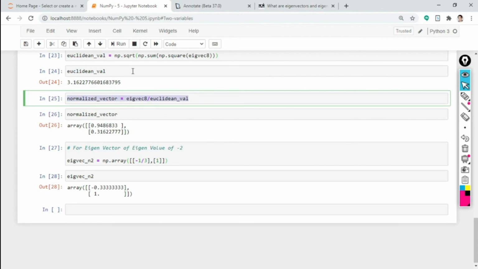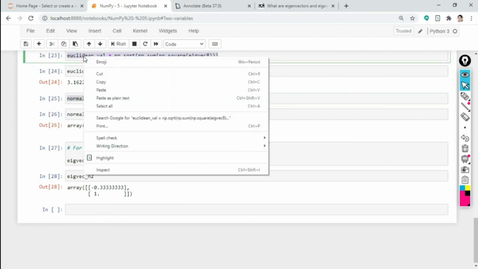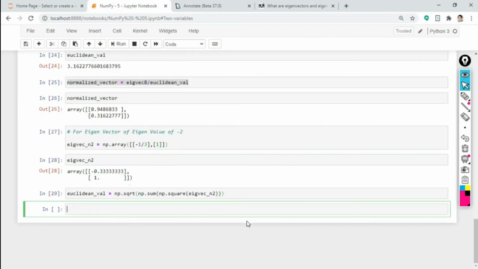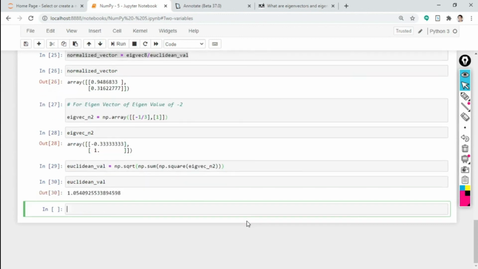If you don't trust me, maybe you should do this. So the eigenvector of -2. Okay, so look at this one, the Euclidean value. Wow, it's different. We got 1.05.